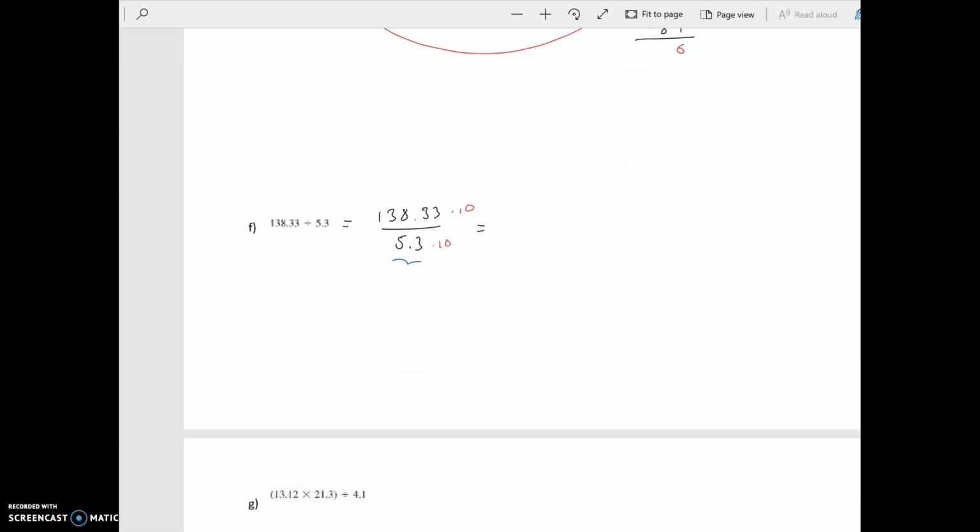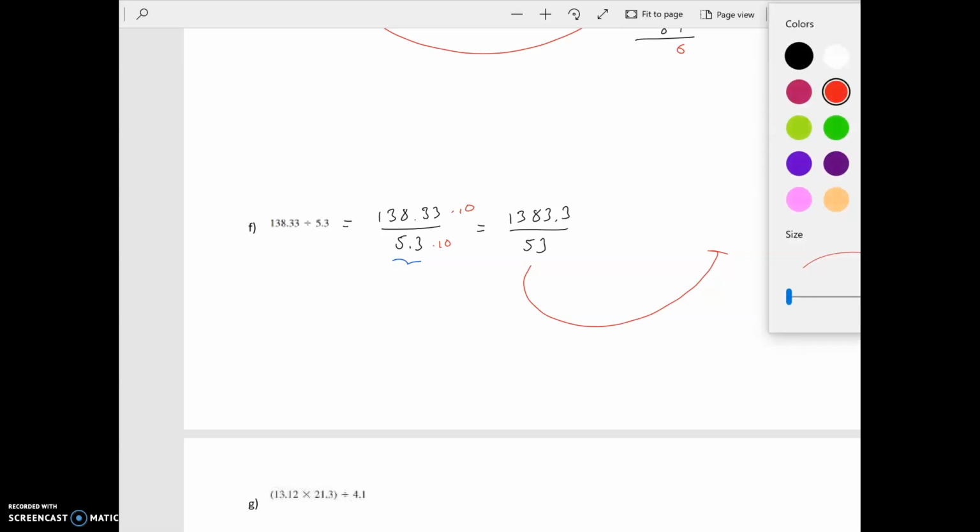So for this particular one, when we multiply by 10, we're going to get 1383.3 divided by 53. And this is the actual portion that we're going to carry out in the long division. So let me just rewrite it.